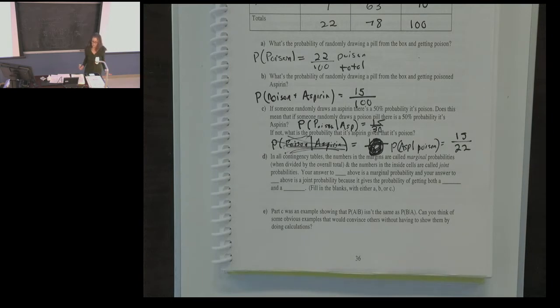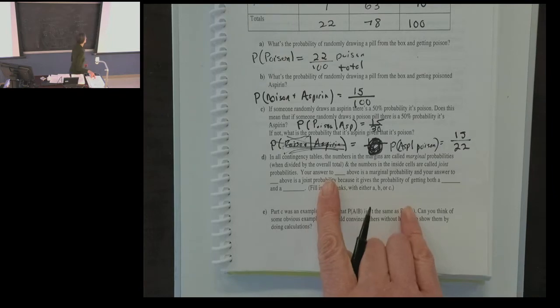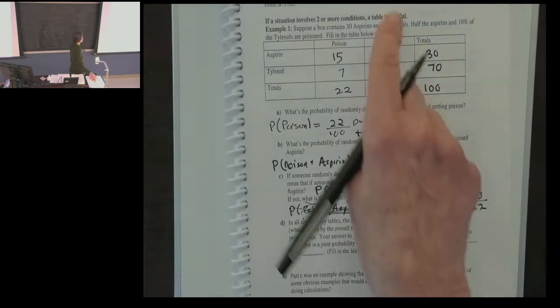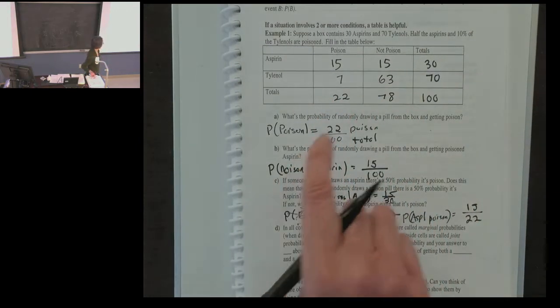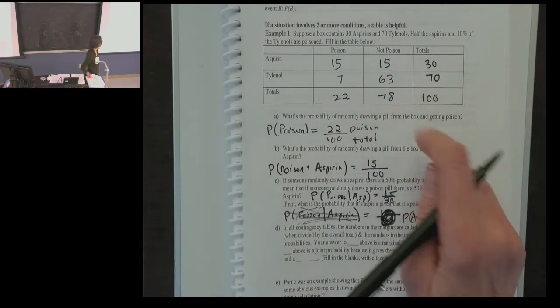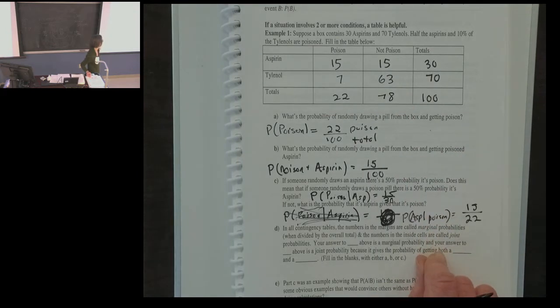Okay. Now, this is just some definitions. This is called a contingency table right here. These numbers in these margins are called marginal probabilities.